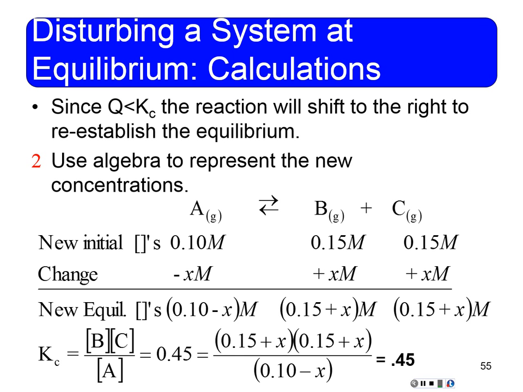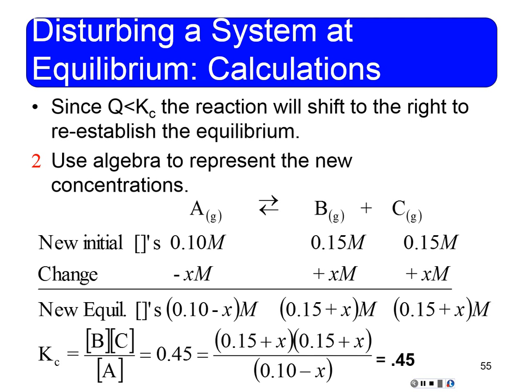It takes me quite a few minutes to look at what you've done and figure out what you've done wrong. These problems take me a while to grade because I'm trying to figure out which way you're trying to move to which side of the equal sign. So if you have an algebra issue, just try your best, and then we'll work on it after. A lot of times when I teach this, students get so stressed out about the algebra that they don't listen to the rest, and then they're completely lost.